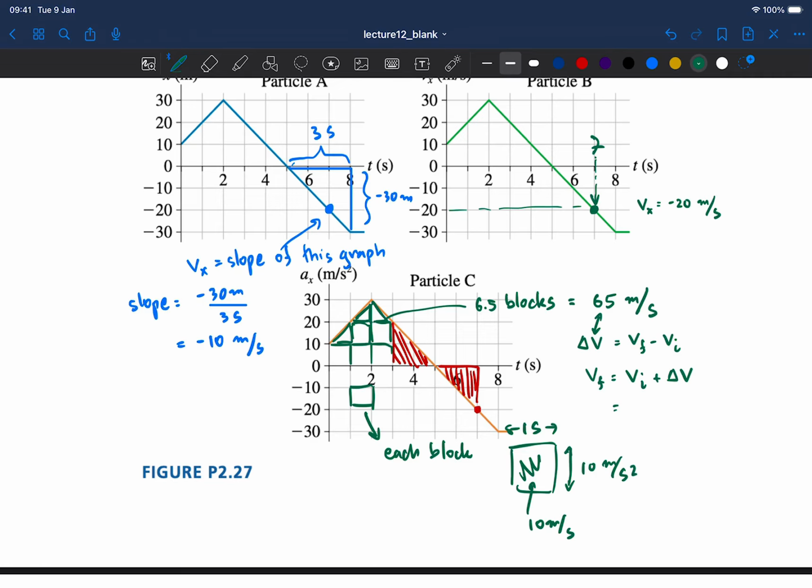So it's Vi plus delta V. So Vi is 10 plus delta V is 65. So the answer is 75 meters per second.